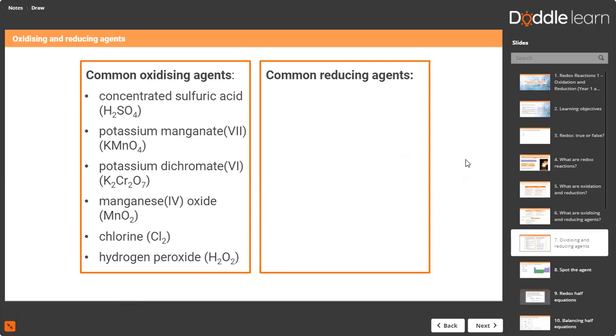You can probably see why concentrated sulfuric acid is great, because it's got the oxygen in there. We've also got potassium manganate, KMnO4, that's potassium manganate 7, and then potassium dichromate, manganese 4 oxide, chlorine, and hydrogen peroxide.